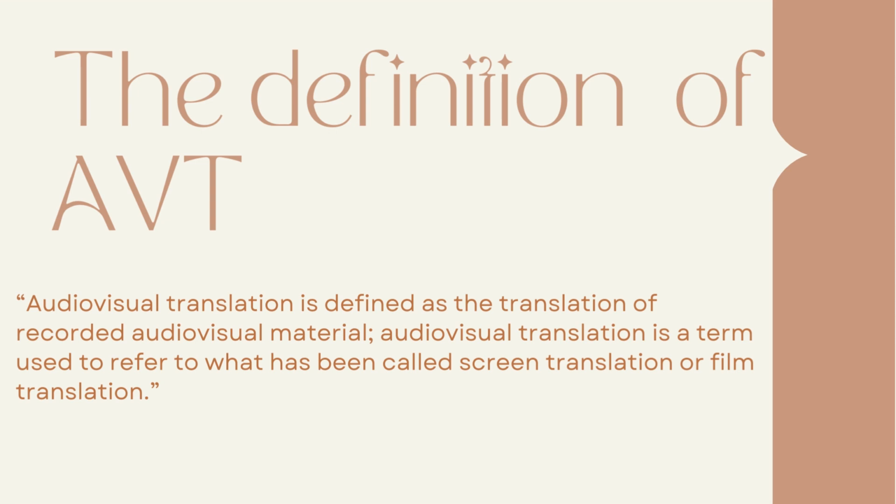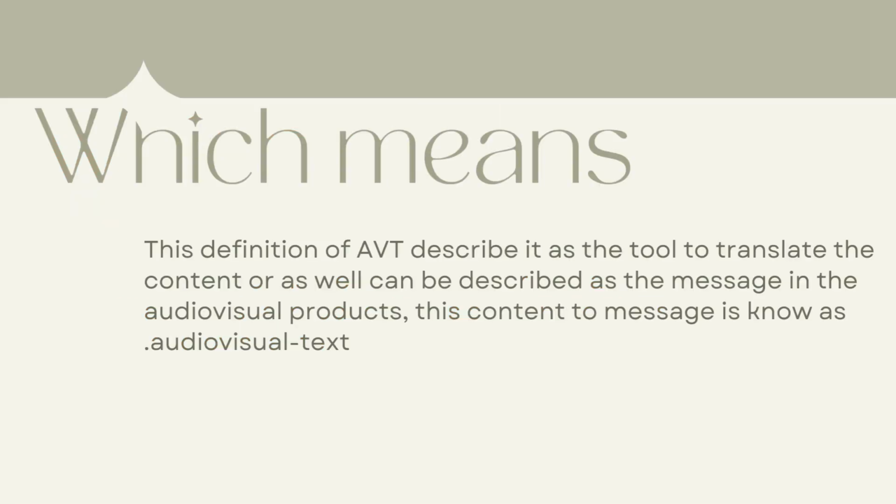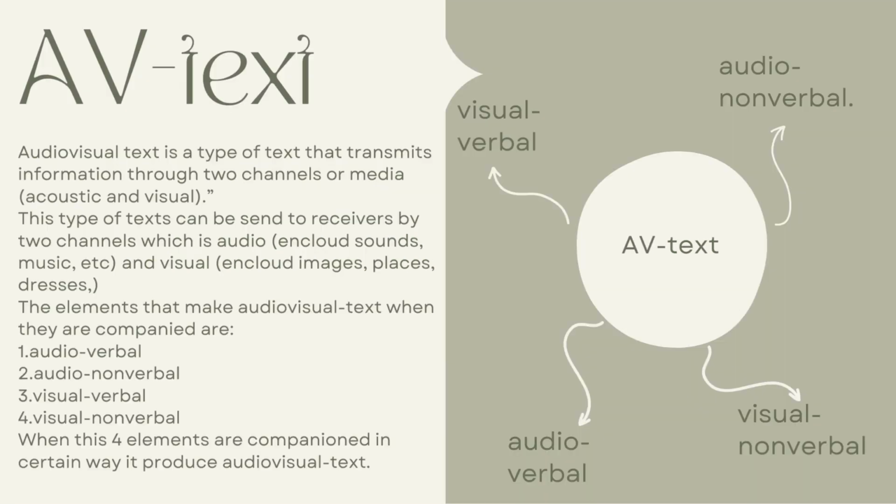Audiovisual translation is a term used to refer to what has been called screen translation or film translation, which means the translation of the content in audiovisual materials, which can be described as the message. Others also call it audiovisual text.